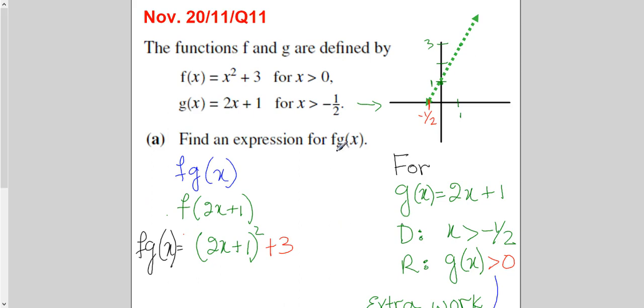The output of function g becomes the input of function f, so I will substitute this value here. And if you look at the range of function g, it satisfies the given domain of function f. That is very important. We saw that in the previous video.